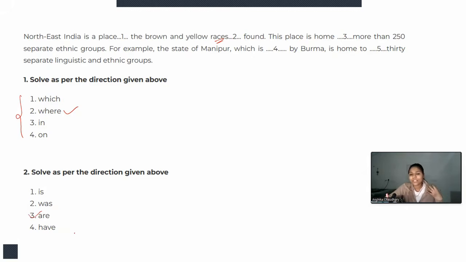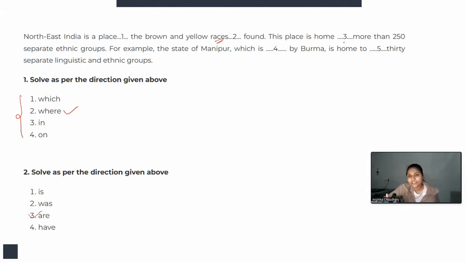"Have" is not right because we are talking about the simple present, present indefinite tense, not the present perfect tense. So it is simple present, something is still there, it is in continuation, so that's why we are using "are."